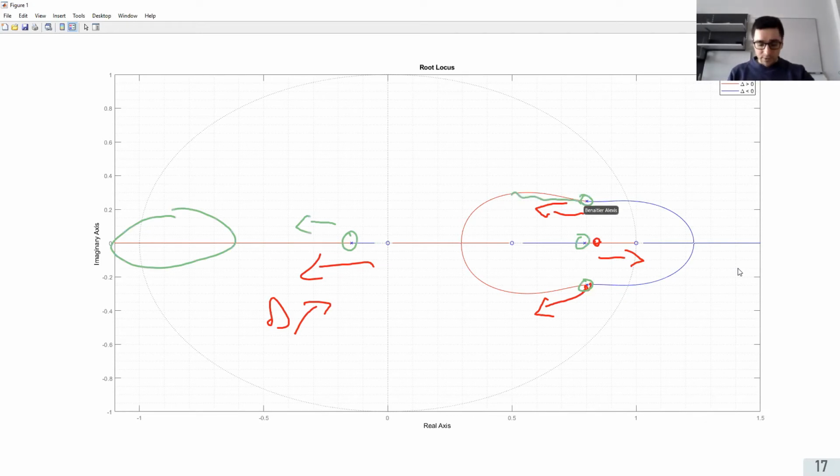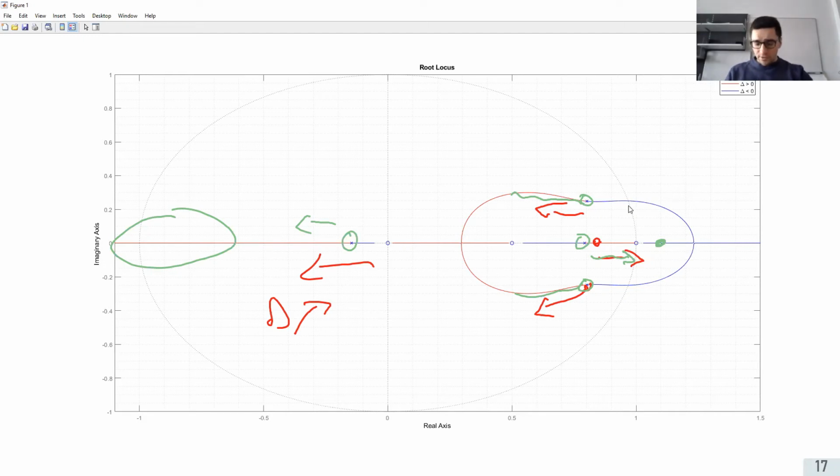The complex poles are just going into the center, so that means that you will have stronger oscillation but more damping ratio. And the last pole is going to an integrator, so my system will, if delta is increased too much and the poles end up here, then my system will be unstable as well.